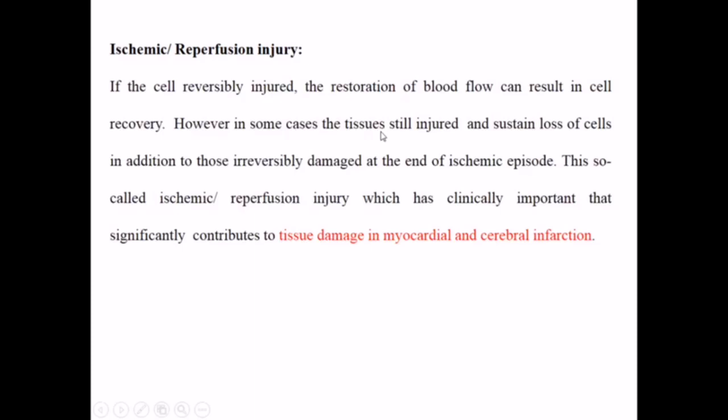However, in some cases the tissue is still injured and sustains loss of cells, and sometimes it will be irreversible. This is called ischemic reperfusion injury, which is clinically important and significantly contributes to tissue damage in myocardial or cerebral infarction.